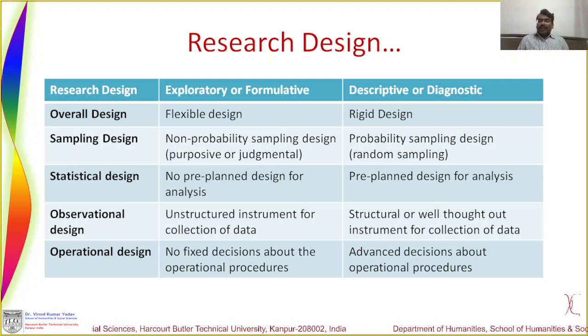But here you have non-probability sampling design, judgmental, purposive. You want to have a purpose, so intentionally you decide that this is the group that you want to ask about, with open-ended questions.